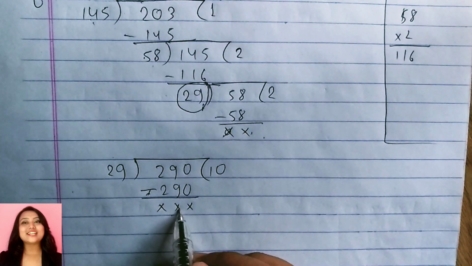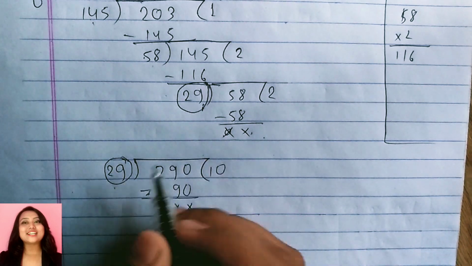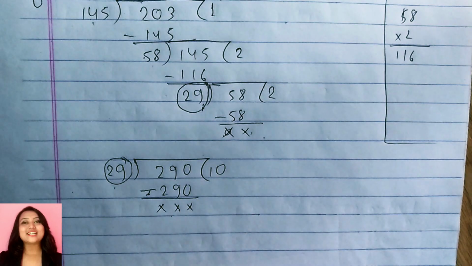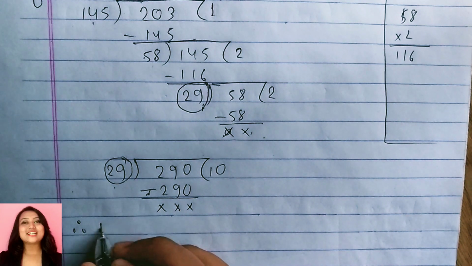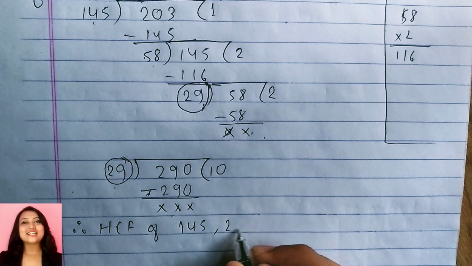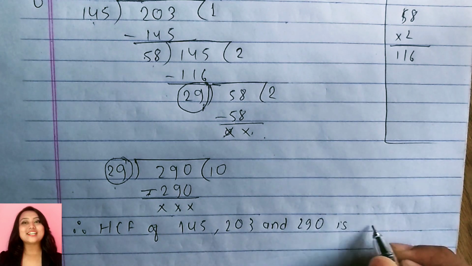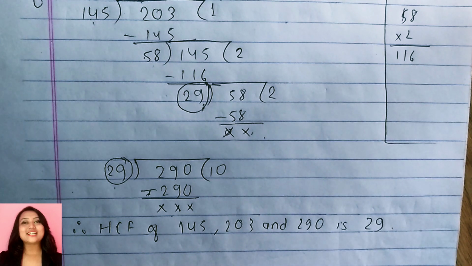So hence 29 is the last divisor, and this can divide all three numbers. Hence HCF of 145, 203 and 290 is 29. So this is the answer. You have to do it like this.